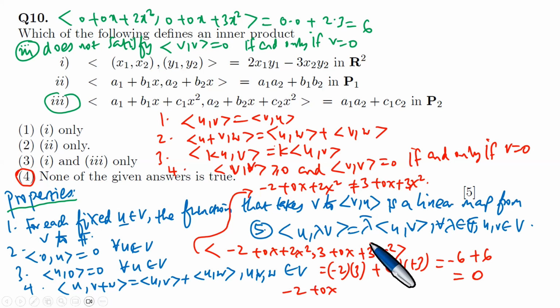They're actually not the same. We need to say more, because this condition says that this inner product is 0 if and only if the vectors themselves are 0. But obviously you agree that the vector 3 plus 0x plus 3x squared is not 0 plus 0x plus 0x squared. It's not a vector that consists entirely of zeros. So in view of that, it's none of the given answers.